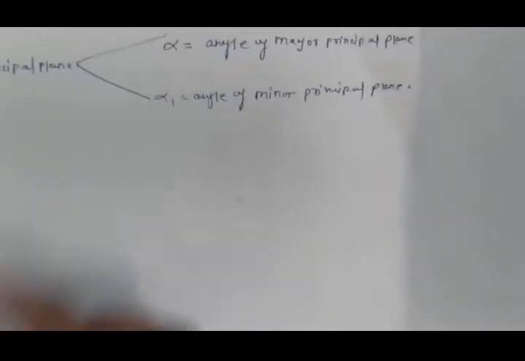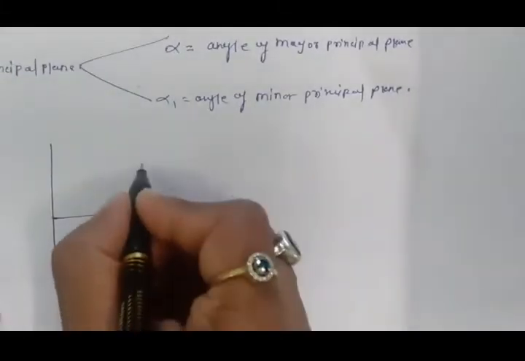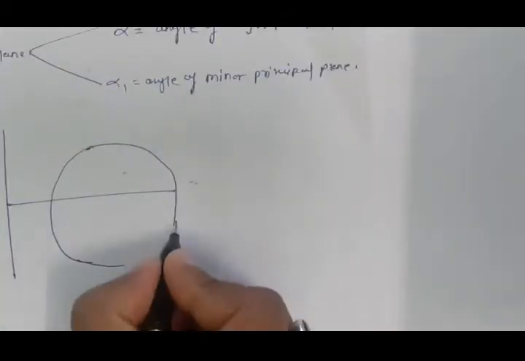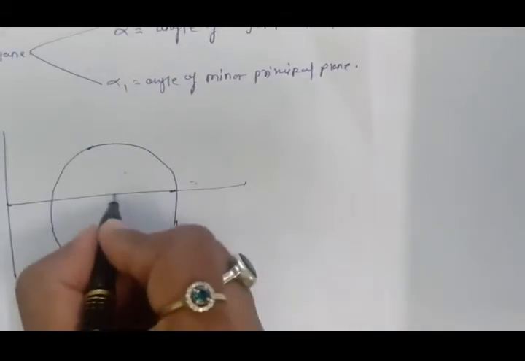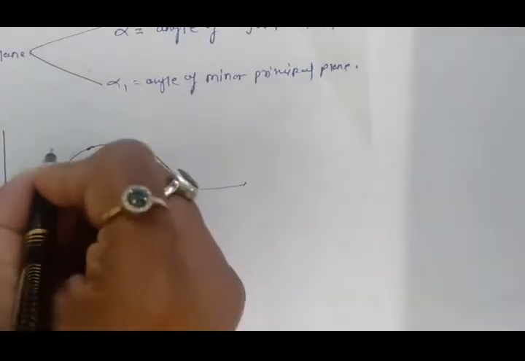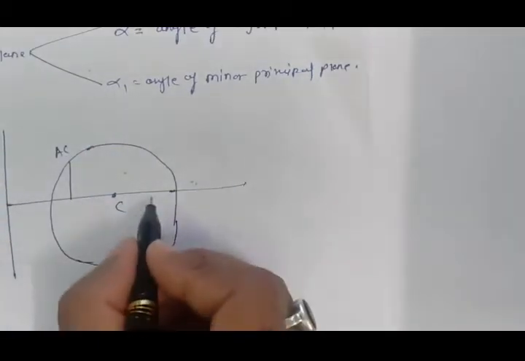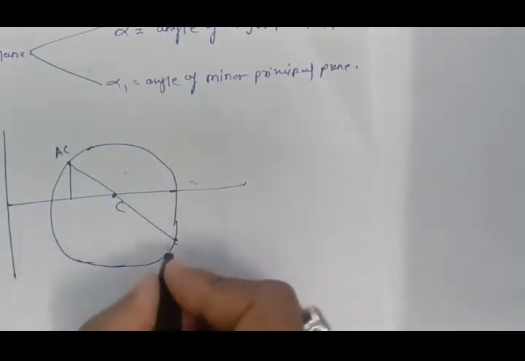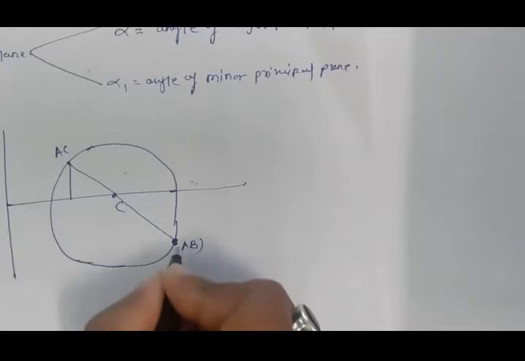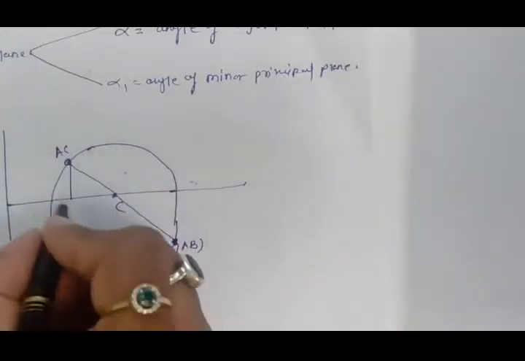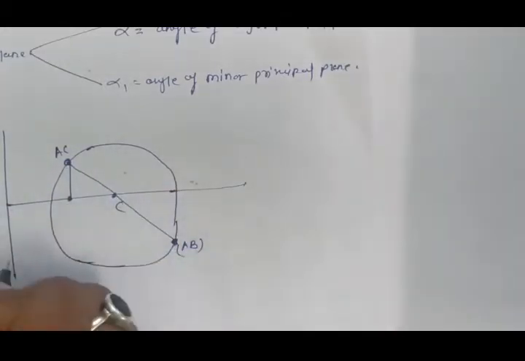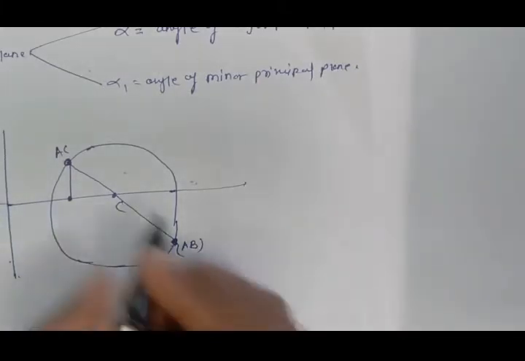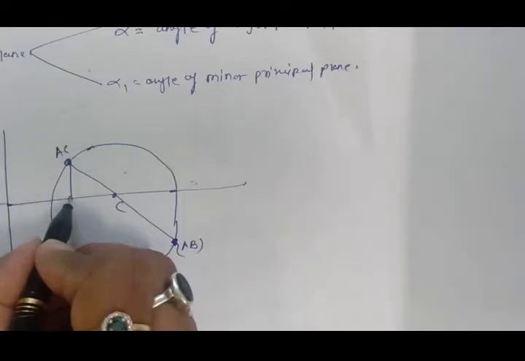For that, again we draw this Mohr circle, where this is our center. This was the AC plane, and suppose I draw this as our AB plane. Here to here, this is our origin, and here to here this is sigma x, and here to here this is sigma y.